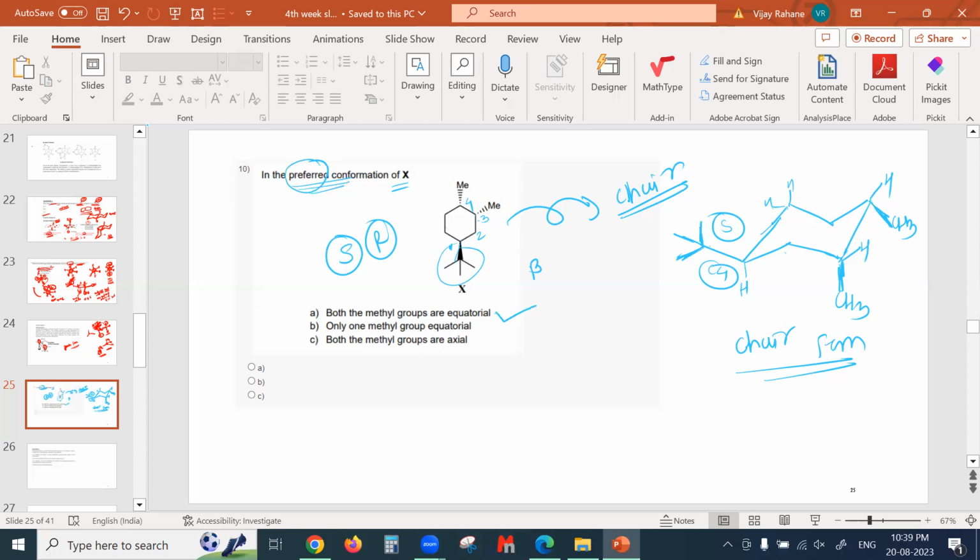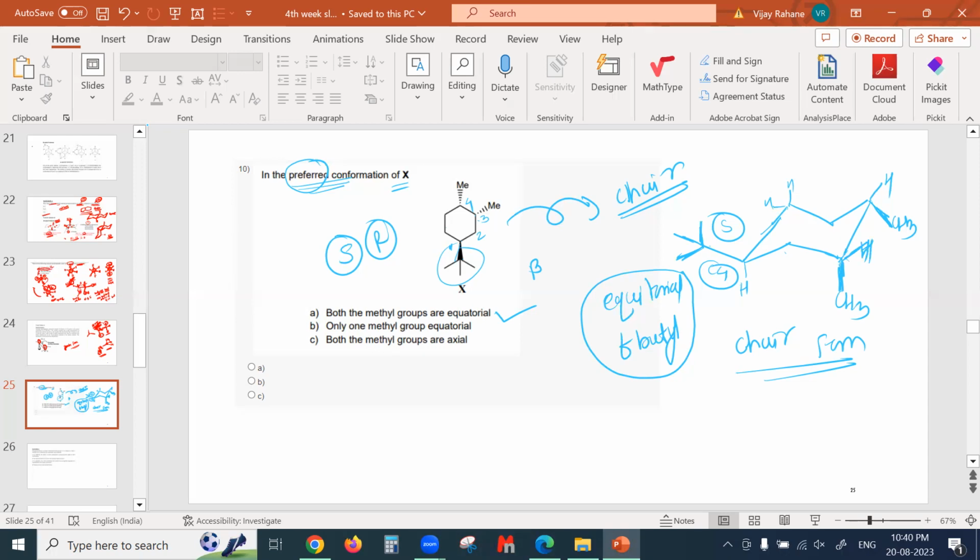So always remember, the most bulky group we have to keep in the equatorial position. The other conformation would have the tert-butyl group on the axial position, so that one is definitely not preferred. So the equatorial tert-butyl group is the stable conformation for this one, and the remaining groups we have drawn as they are.